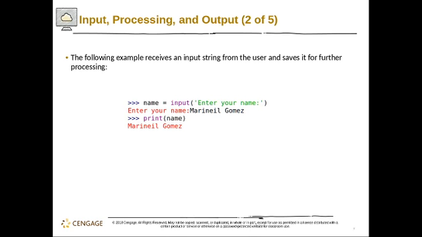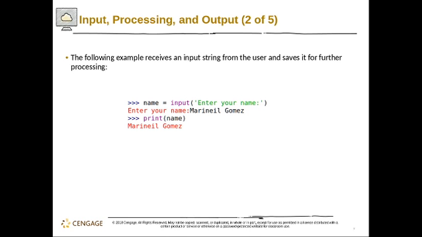Another example. The interface you are seeing here is IDLE, by the way. As you can see, you have the triple greater-than sign, which designates the console in IDLE.